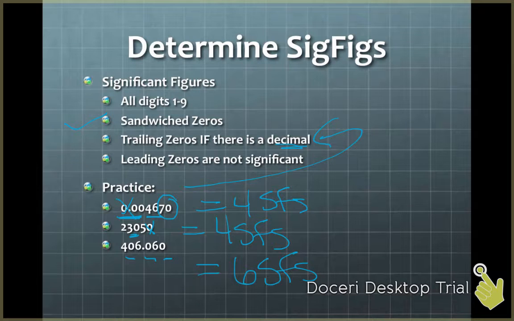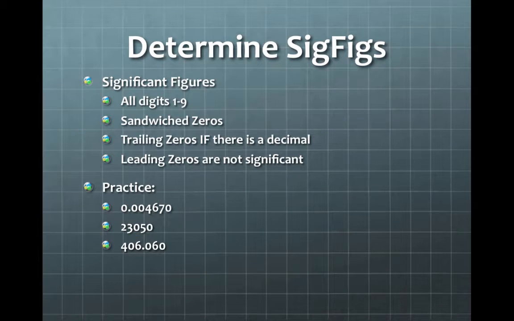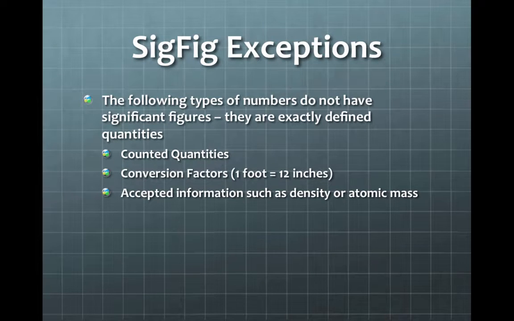Now, this sounds a little silly, but this allows us to calculate things accurately, because most of the time when we collect data, we then do calculations on it. The first couple of labs we're going to be doing density. So with significant figures, we have a few exceptions to the rules.